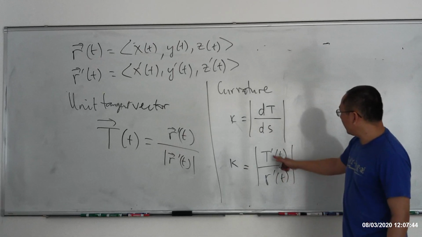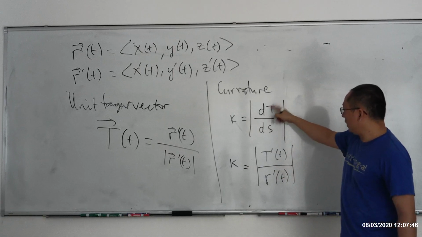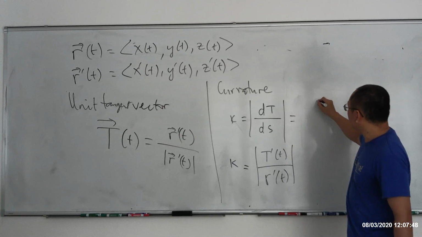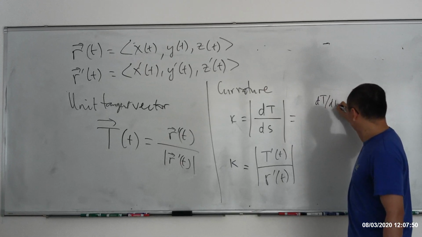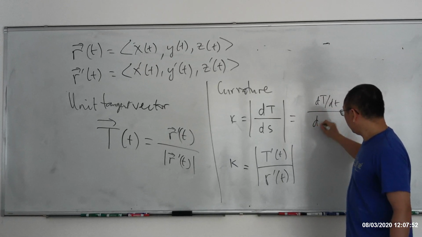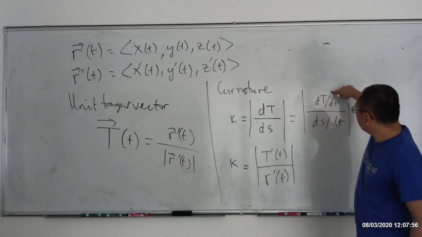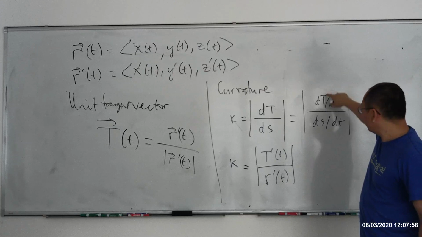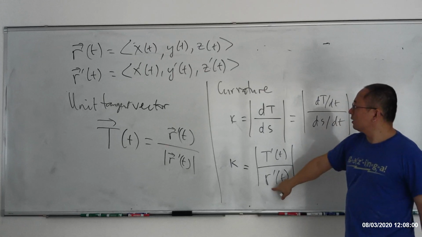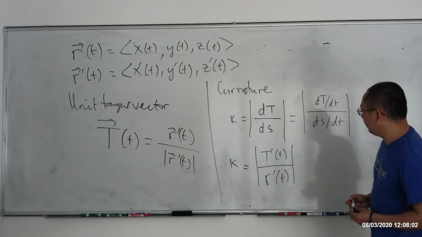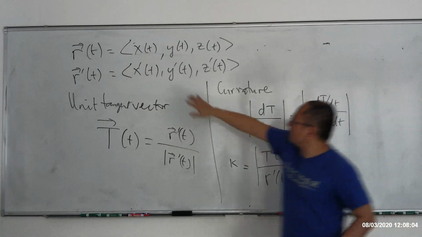You guys see how we get from here to here? We divide both top and bottom by dt. So dT over dt over ds over dt. This is the derivative of the unit tangent vector. And ds over dt is the tangent vector, or the derivative of r.